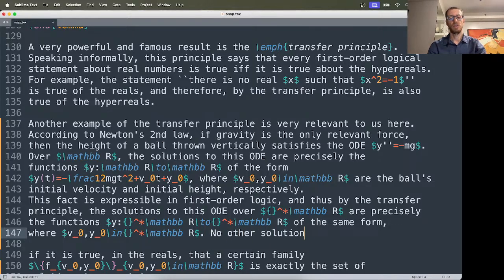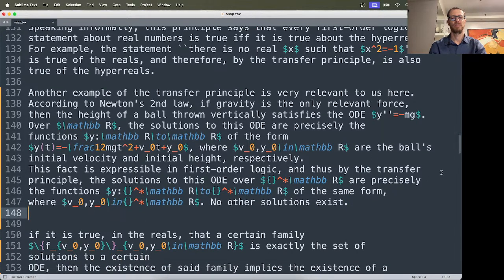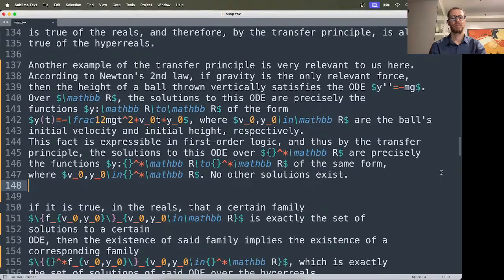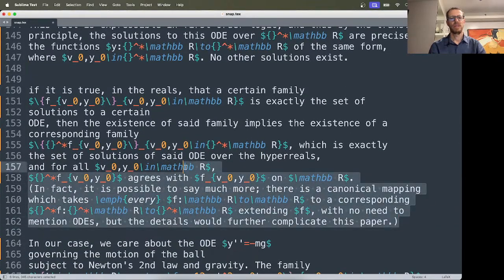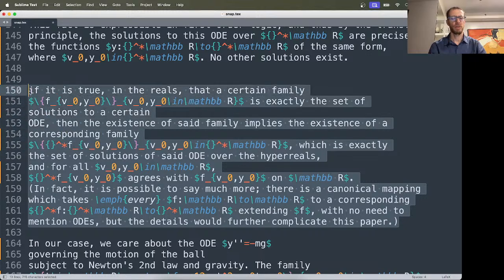No other solutions exist. And that replaces this whole paragraph.